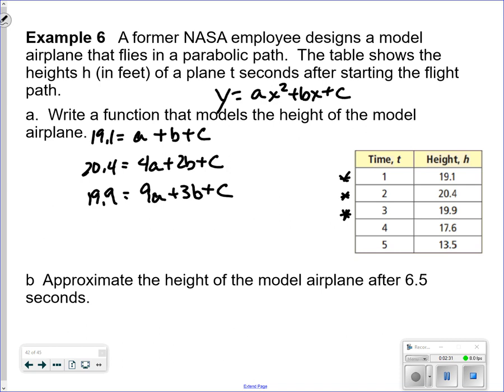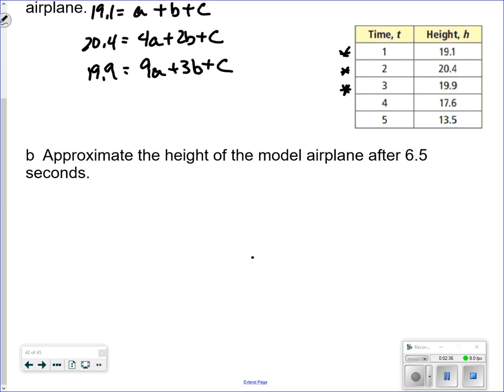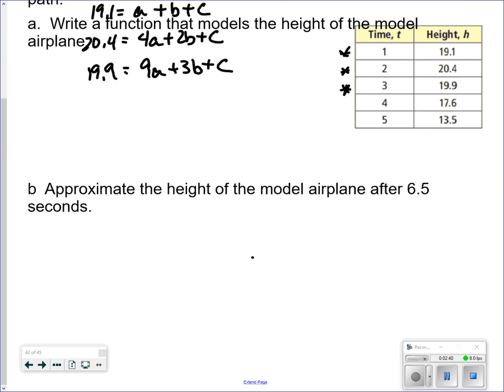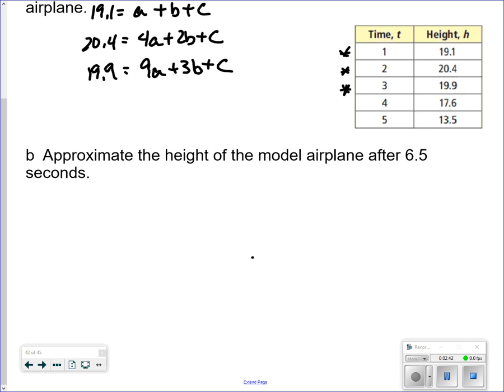So again, this is not going to be necessarily pretty. I'm going to extend this just to give myself more space. All right. So let's get rid of C. I'm going to multiply the top by -1.